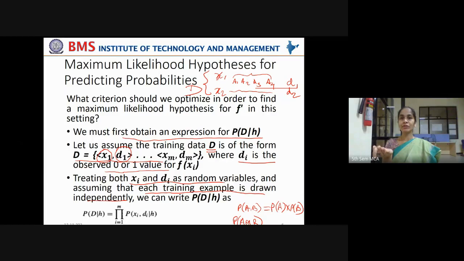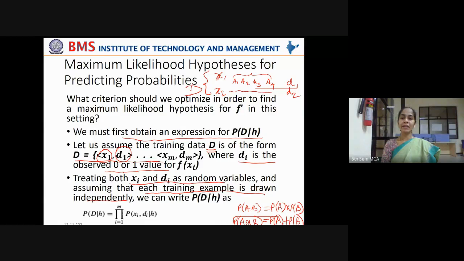So these two are mutually exclusive events. Occurrence of one event eliminates the occurrence of the other event. That is called mutually exclusive events. In that case, probability of A or B is the sum of probability A and probability B.